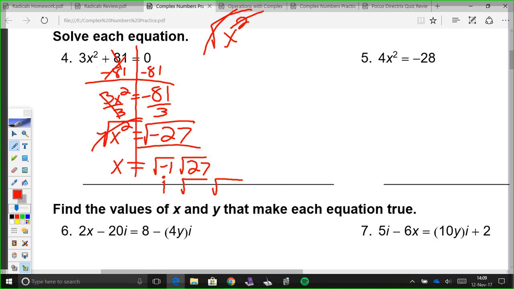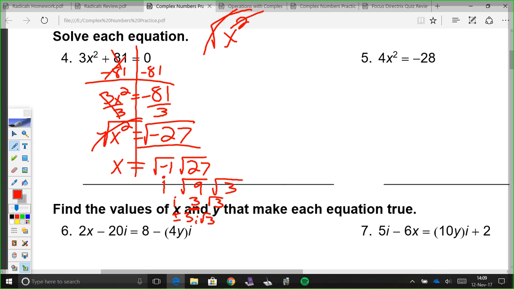You can find that 9 is a perfect square that goes into 27, 9 times 3 more specifically, making this problem i, 3, square root of 3. The square root of 9 is 3, so that's where I get that from. So my answer at the end is 3i square root of 3. Now it's technically positive negative 3i square root of 3, but we can say that for another time.